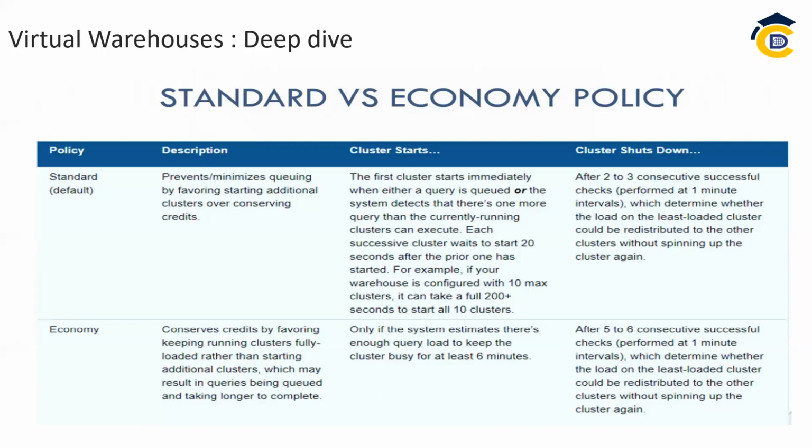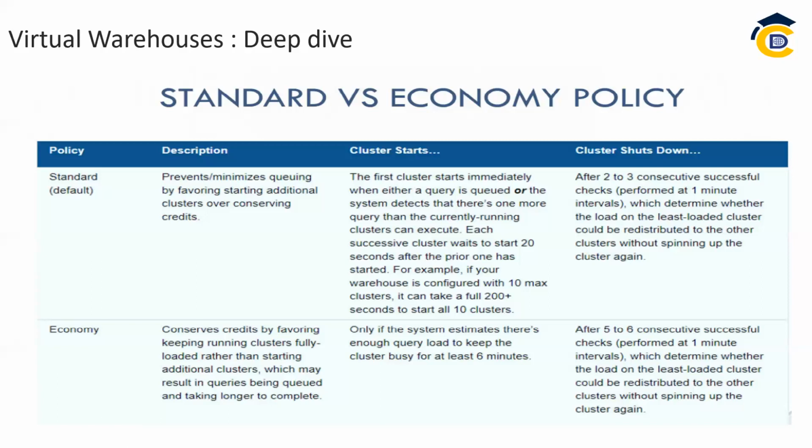By now we know that compute resources, that is your warehouse and cloud service layer, consume credits as and when they are used, based on which you will be charged. The cost for using the warehouse and cloud service layer is in credits.